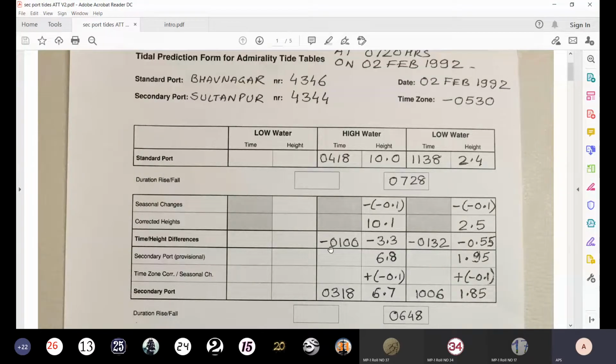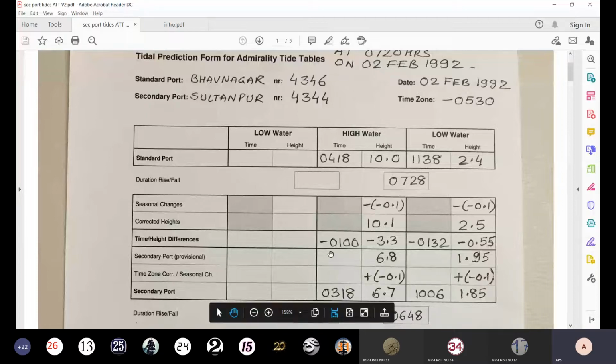So time, directly apply the correction. What is the correction? Minus 1 hour for high water. So 418 minus 1 will become 318. So the time of high water at Sultanpur will be 318 on 2nd February.